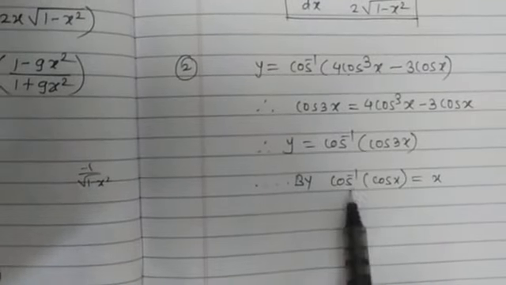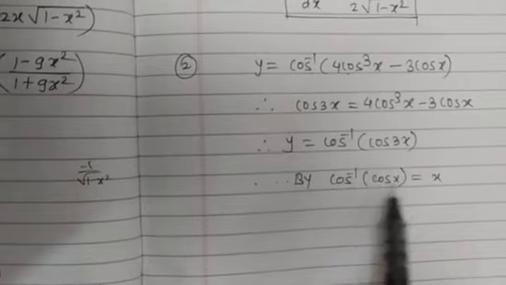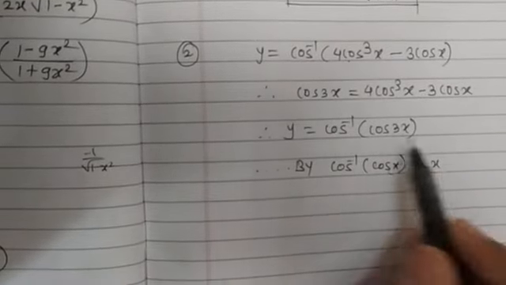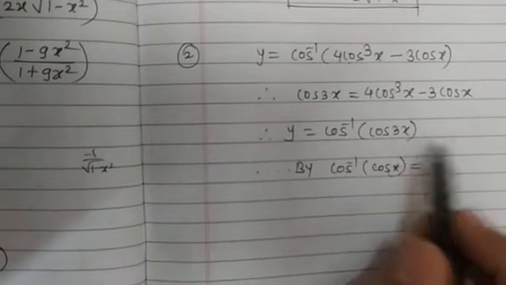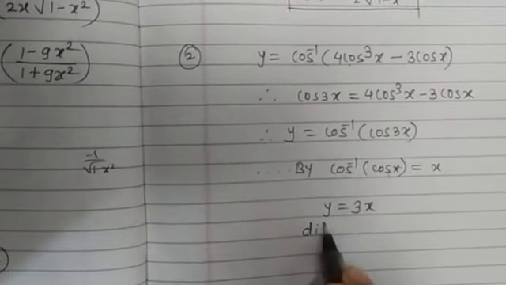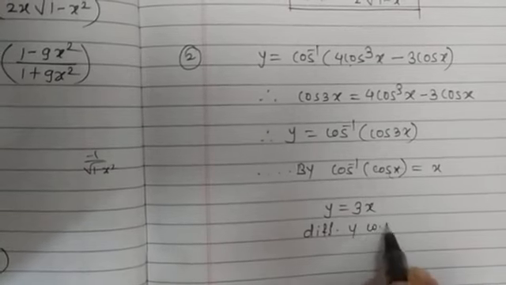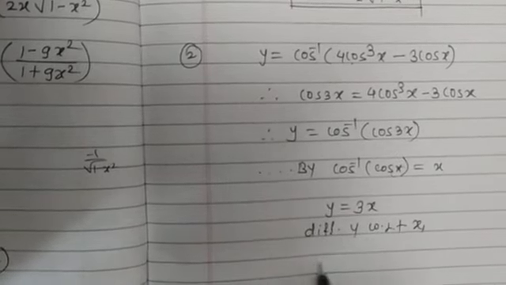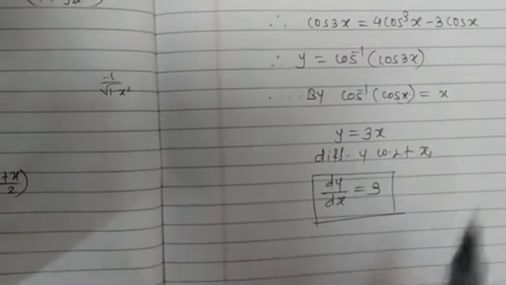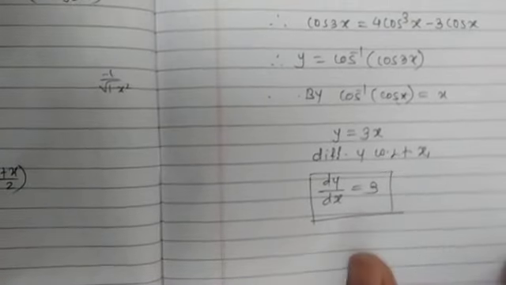If this happens, then cos inverse and cos get eliminated and our answer becomes only the angle part. So here cos inverse and cos get cancelled and you get y is equal to 3x. If you differentiate this y with respect to x, its derivative is only 3, because the derivative of x is 1. So this is your answer, right?